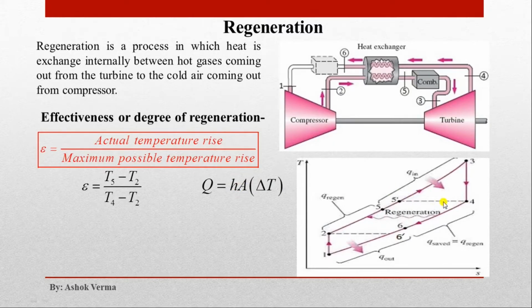Here you have two fluids, the exit gas and the inlet gas, so there should be some temperature difference. But if there is no temperature difference, that is the ideal regenerator, where you supply the heat from 2 to 5 dash and the exit temperature is T4.